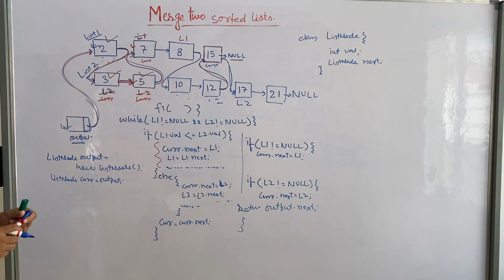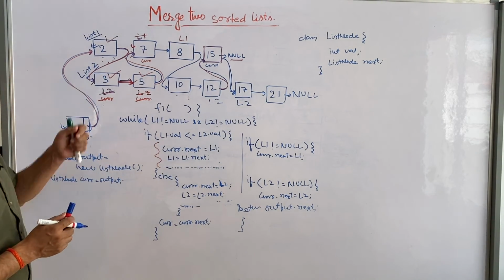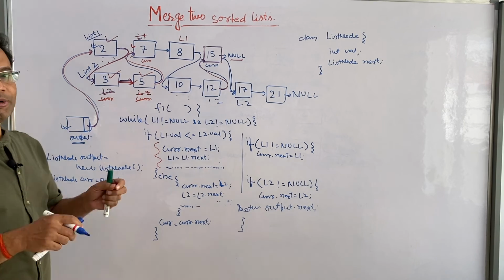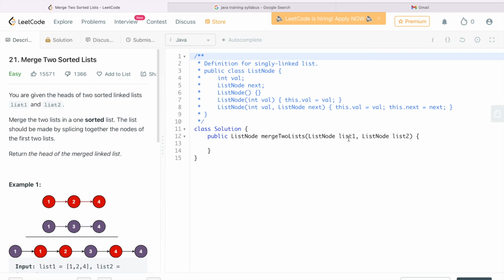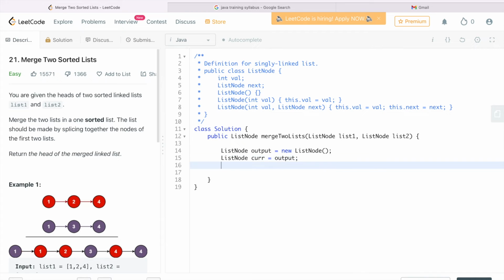It's very easy, this is a very basic question, but you might get many more questions that have the fundamental concept like this. We have list 1 and list 2. The same thing we have done there: list node, take one output, make a new list node, and also make one current that we move, and it is the same as output, right?